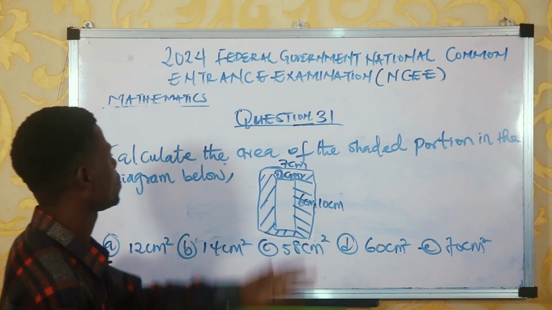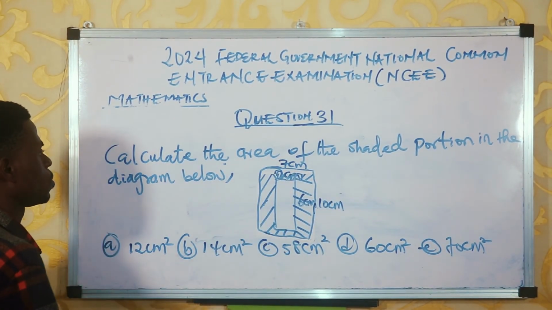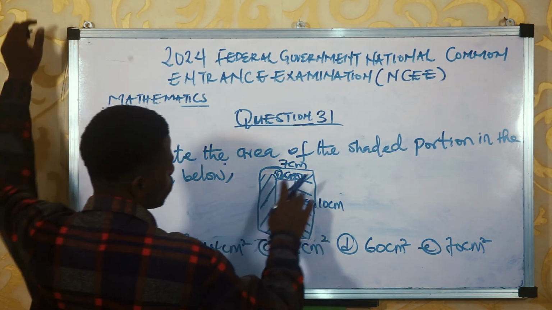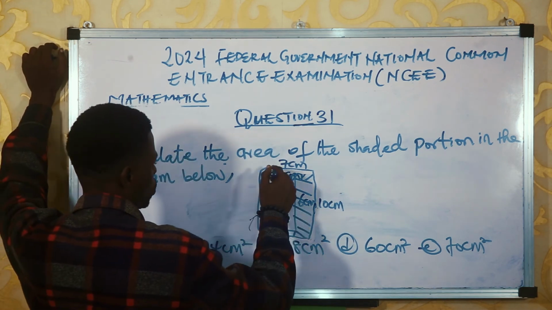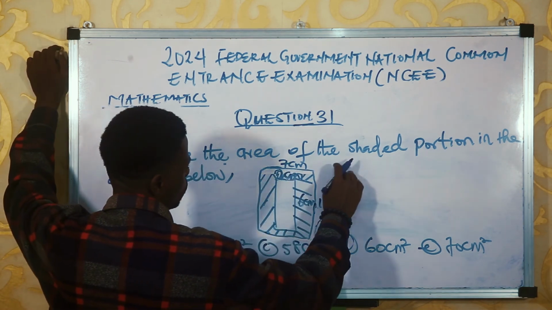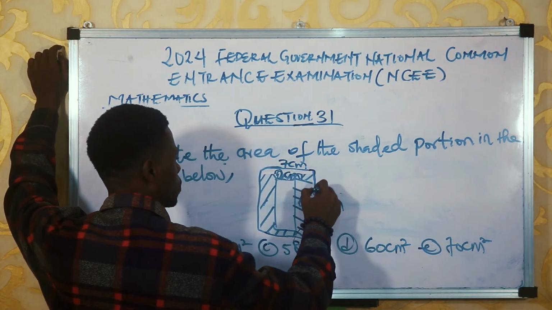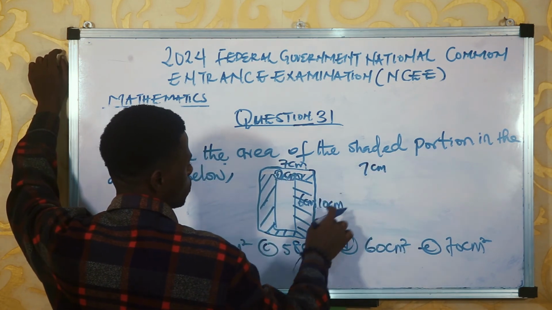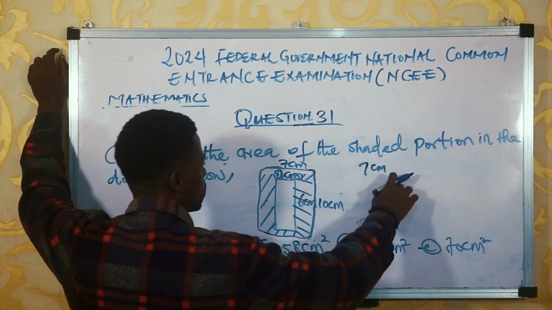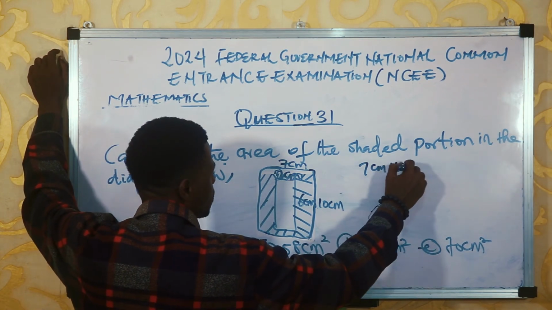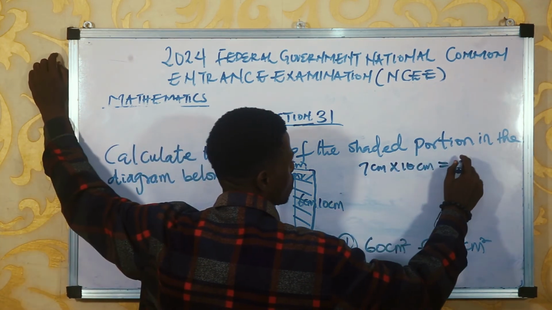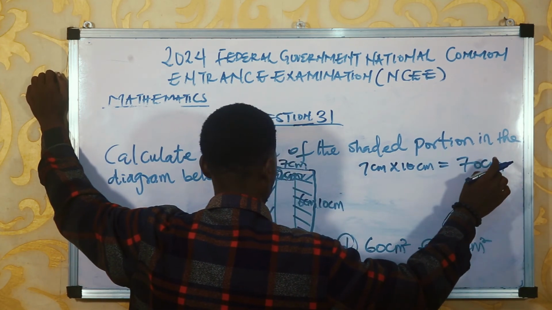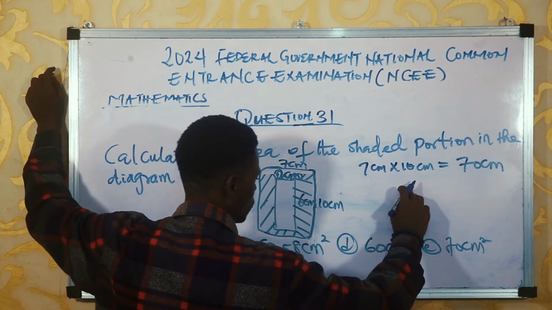Question 31 says that calculate the area of the shaded portion in the diagram below. Okay. First of all, don't forget that this is the area of the shaded portion, so we want to calculate it. First we multiply the length and the breadth of this rectangle, which is 7 times 10 centimeter, that's 70 centimeter square.